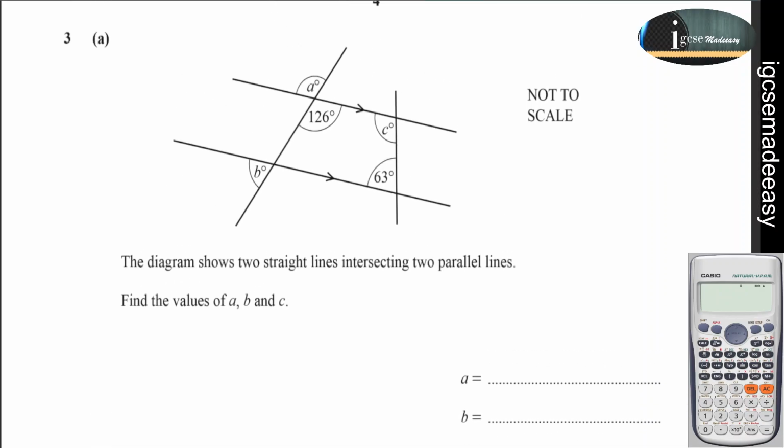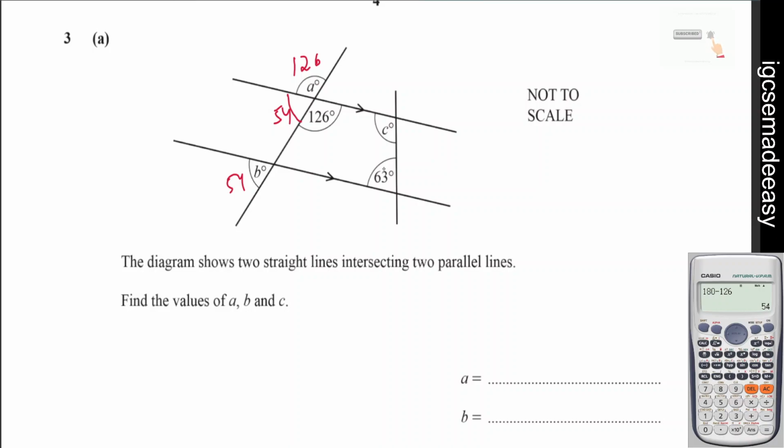Angle A is very clear that it is a vertically opposite angle, so this will also be equal to 126. So to find angle B, we can find this angle first. 180 minus 126 is 54. So this will be 54. If this is 54, then B will be 54, corresponding angle.